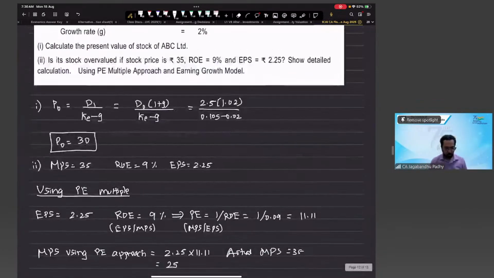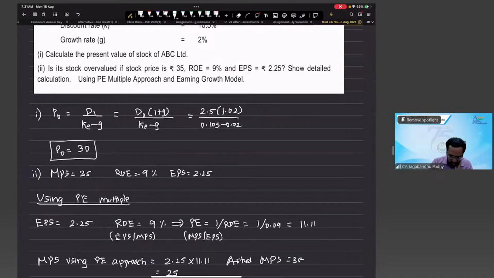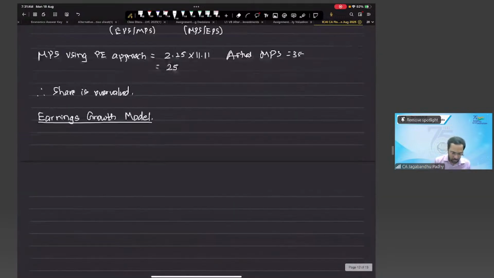In this earnings growth model, EPS is 2.25. So I need to first get the growth rate over here, right? When we look at the earnings growth model, it is nothing but P0, just as we have the dividend thing.